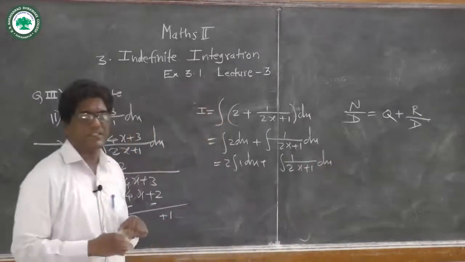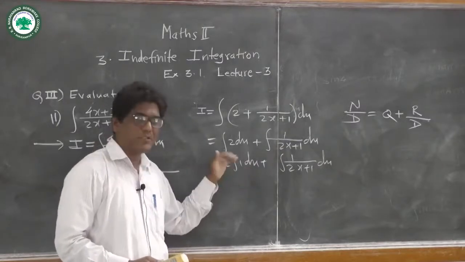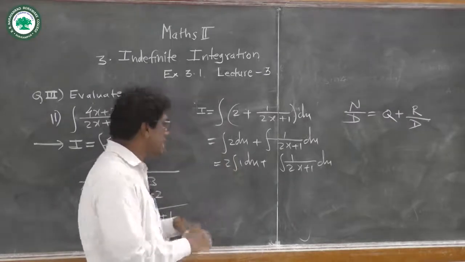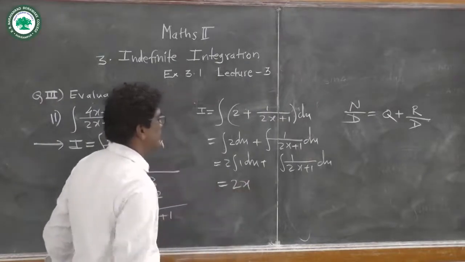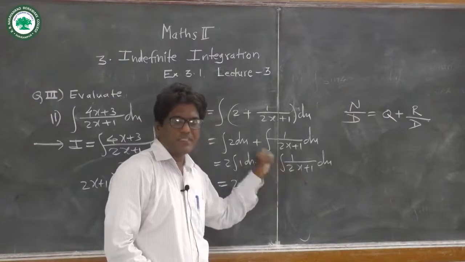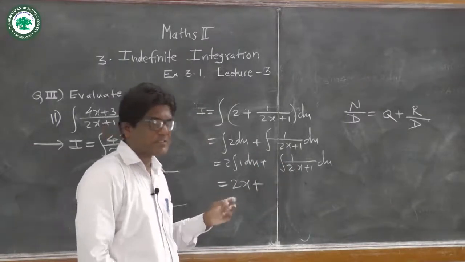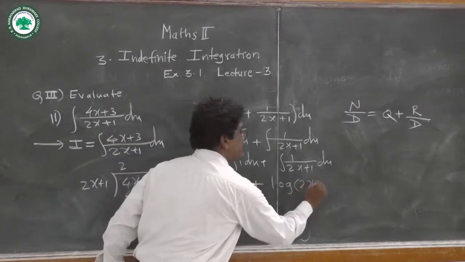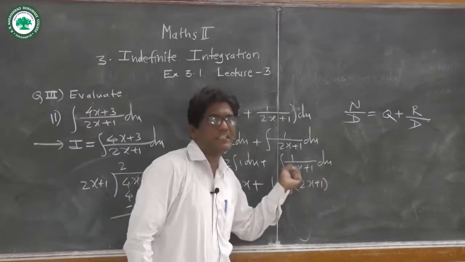Now take the integration of 1 dx as previous. 1 is the derivative of x, and therefore the integration of 1 is x, so 2 into x plus, now 1 upon x is the derivative of log x, so the answer is log of (2x + 1), and when in place of x there is another function, we take its derivative.